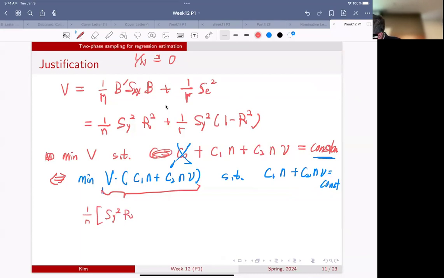You can even move S_y squared, and then you only have r square plus 1 over nu times C, this guy.